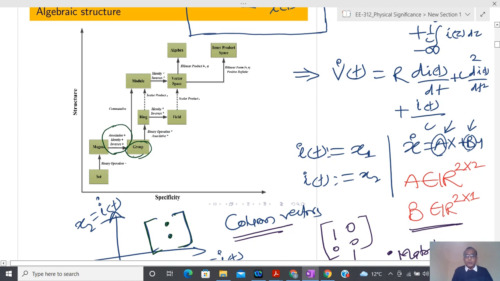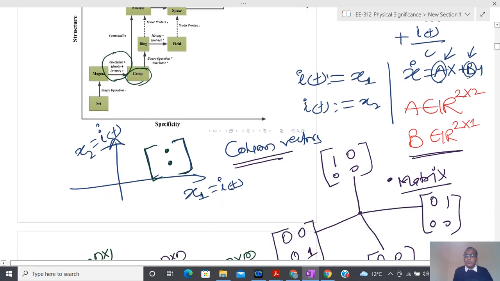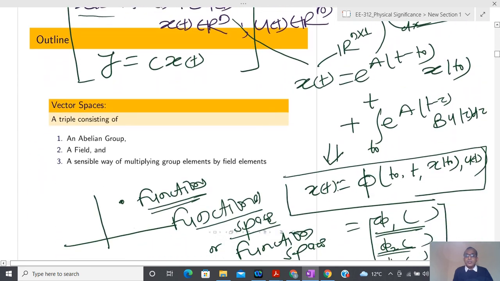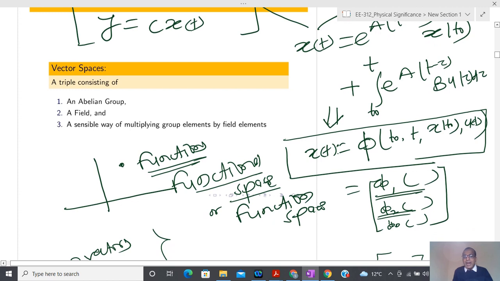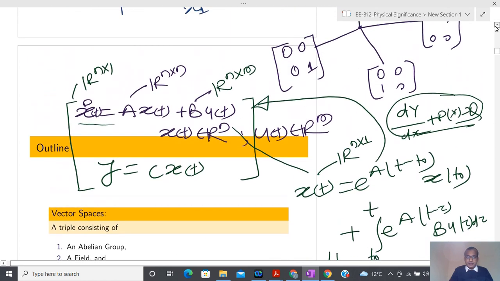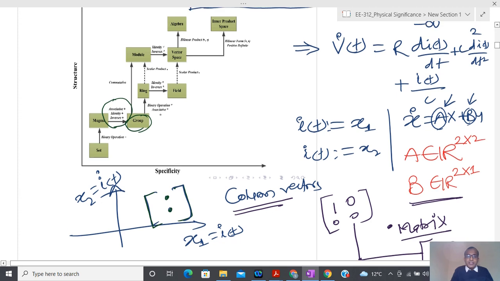In the previous class I talked about a lot of groups. So when I talk about a ring, in place of one operation I have two operations, like addition and multiplication.